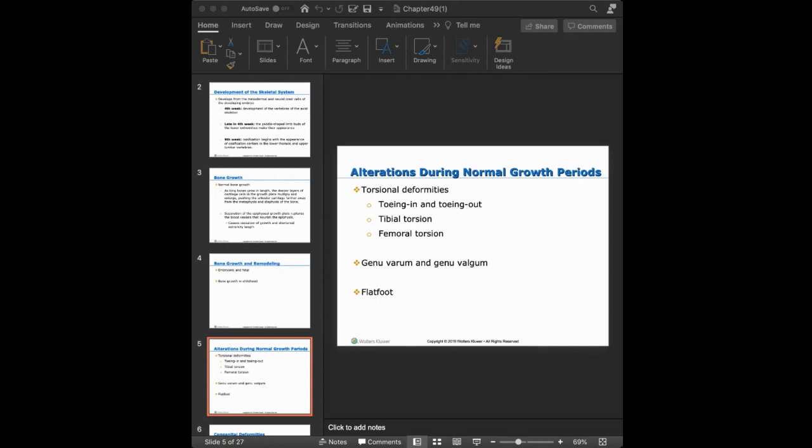Now, what's genu varum and genu valgum? What are those? So torsion is twisting, right? So our femur twists or our tibia twists abnormally, right? So that forces the toes in, or it can force the toes out.